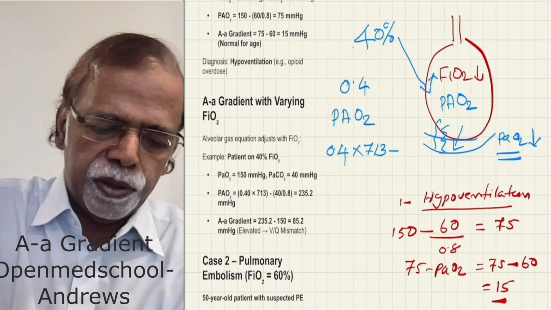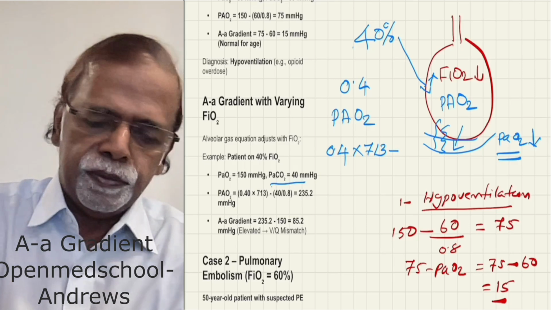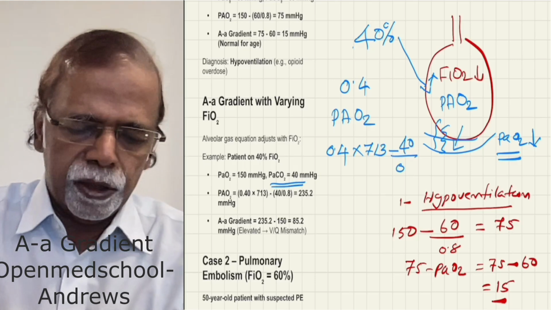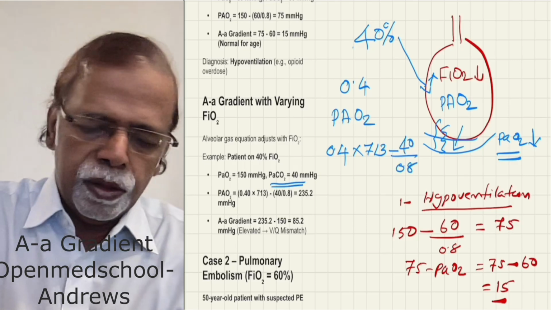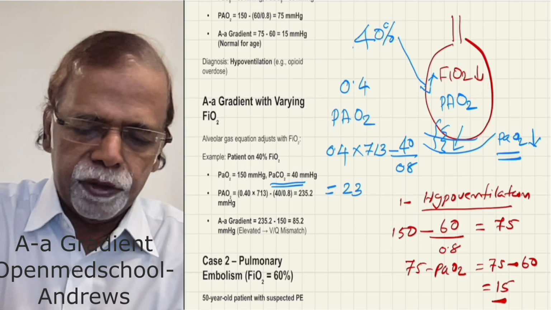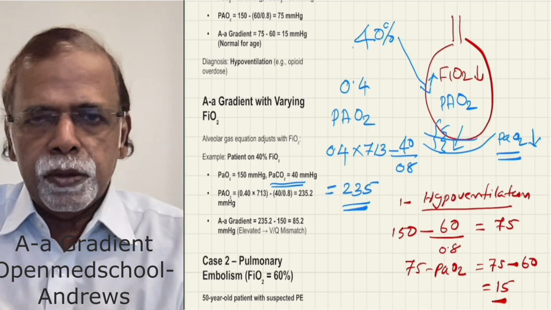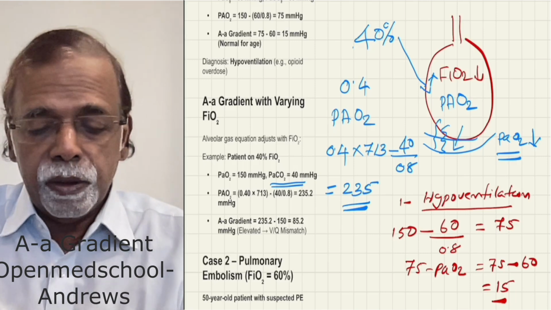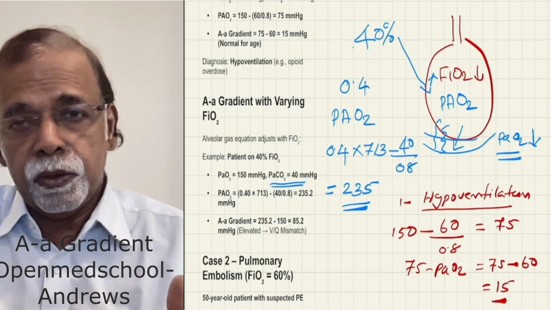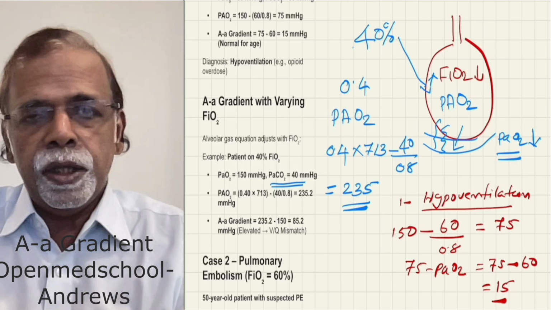The PaCO₂ in this patient is 40 millimeters. So 40 divided by 0.8. This will come to approximately 235. So the alveolar pressure of oxygen is 235 when you are giving 40% oxygen at sea level.